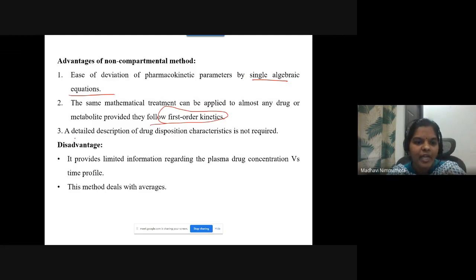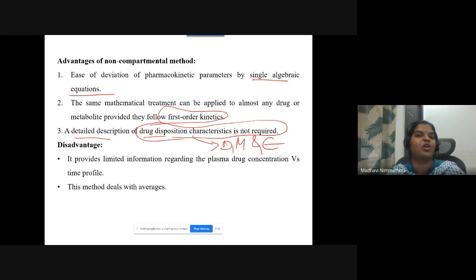And then a detailed description of drug disposition is not required. Disposition includes distribution, metabolism, and excretion of the drug. We may not take into consideration the detailed drug disposition characters.